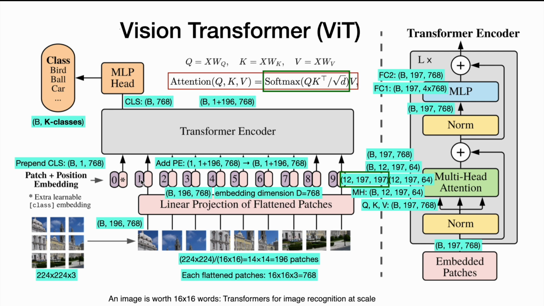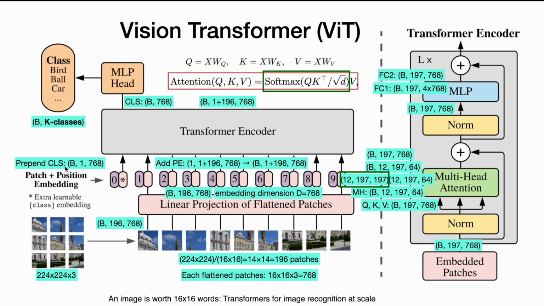This positional embedding is represented similar to a patch embedding. That means the position is represented as a 768 dimension vector.